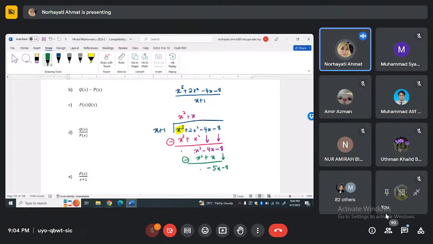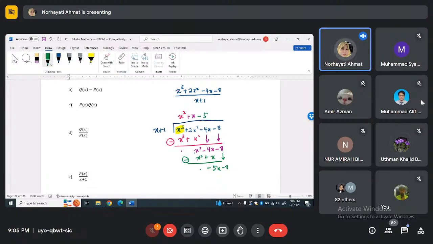What should we multiply with x so that we get negative 5x? Kita darabkan dengan negative 5. Negative 5 times x is negative 5x. So negative 5x minus negative 5x gives us 0. Okay, boleh kelas?